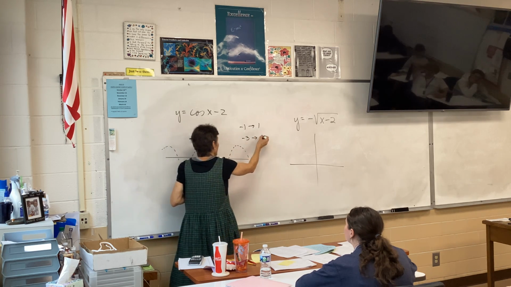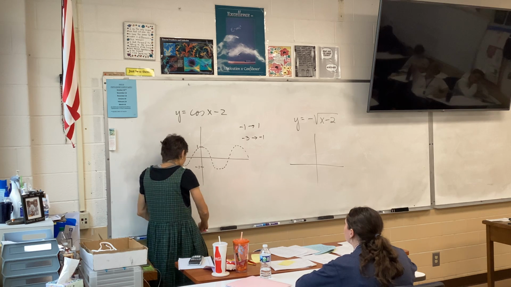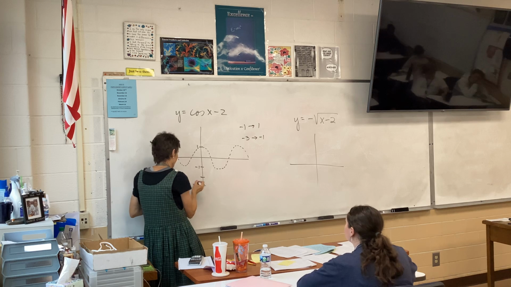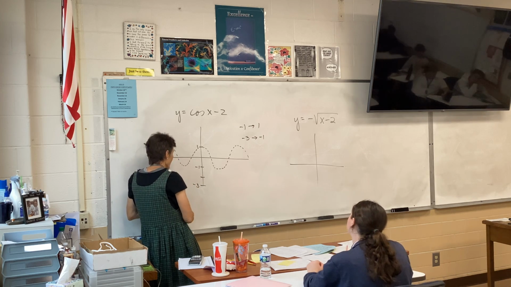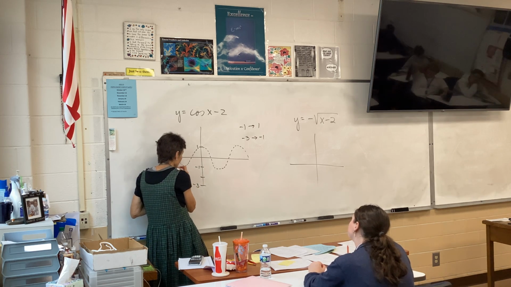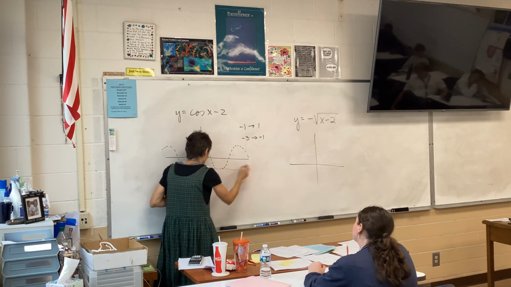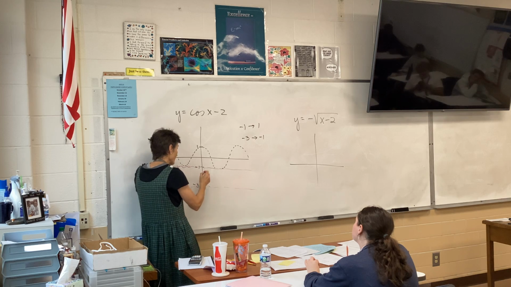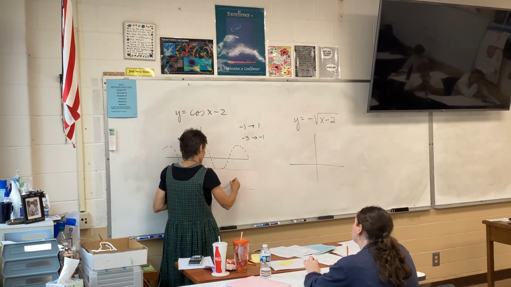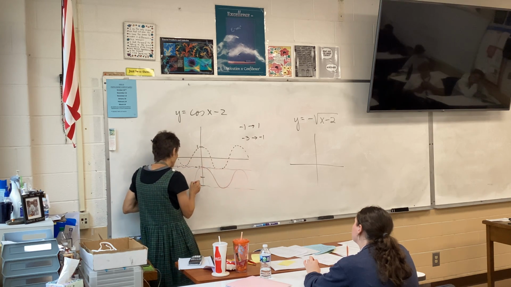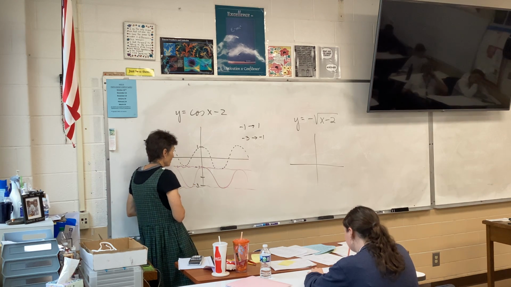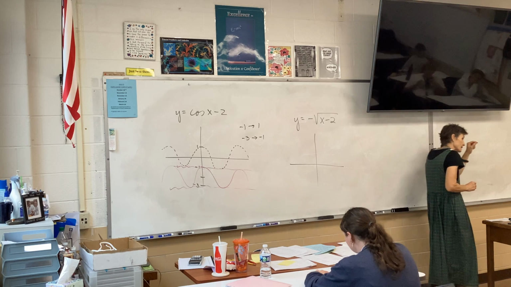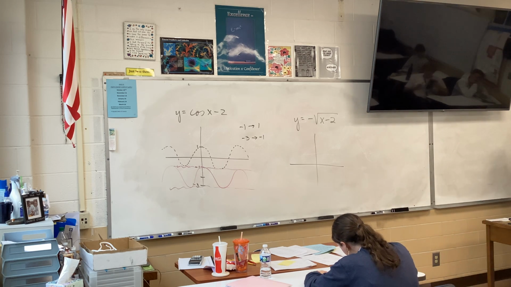Negative 1. Okay. So the boundaries of the new picture are now here and here. Would you agree with that? So I've got this cosine picture that's doing the old up and down thing, but now it's going up and down between negative 1 and negative 3.